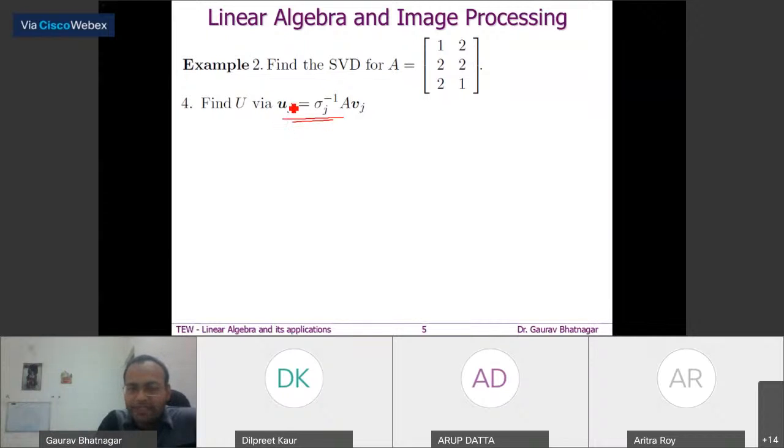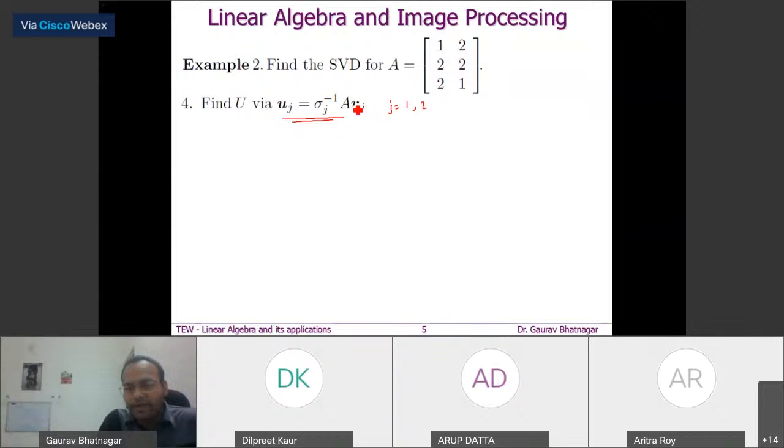So what is the benefit of this representation over the matrix? In the matrix representation, you use matrix multiplication and get the complete U at once. However, over here, you can plug in different values of j. Let's say j is equal to 1 and 2 in this particular case. So you have V1 and V2.